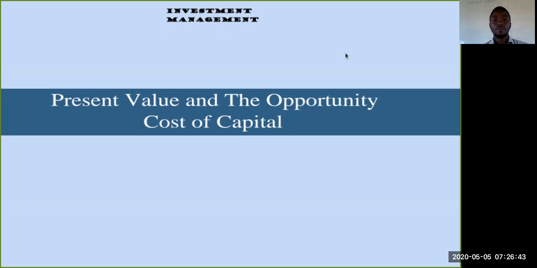Looking at a recap of what we were looking at last time, we looked at the introduction of investment management, and we defined what investment management is about. We saw that as much as you are making investment decisions, you need to look at risk and return, and also the time value of money.